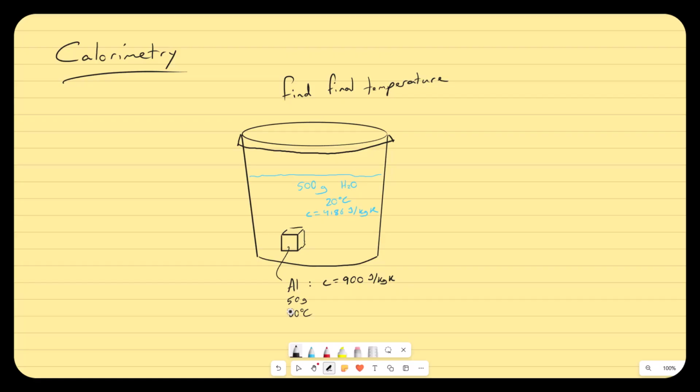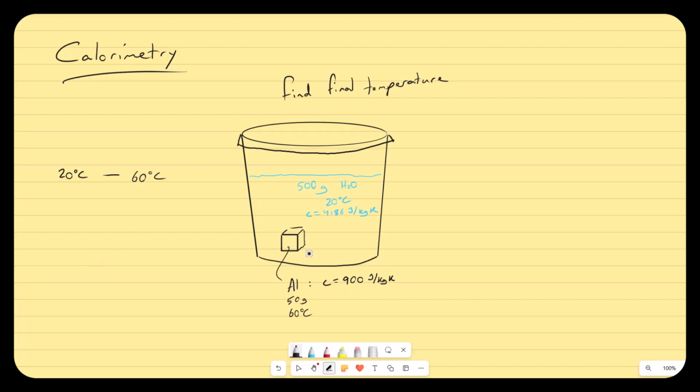I want to make a couple of guesses, I suppose. Set up a couple of markers ahead of time. First, I've got this water at 20 degrees Celsius and this cube at 60 degrees Celsius, so I know my range. The range for my answer is I'm going to be somewhere between 20 degrees and 60 degrees.